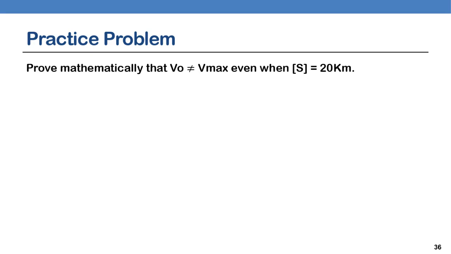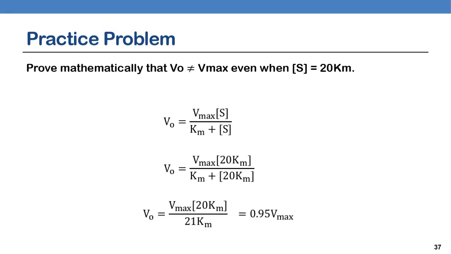Okay, yeah, so we got some students, V naught equals 20 over 21 Vmax. Yes, I think you guys are doing the right steps. We're going to have our Vmax over Km plus substrate, where our substrate concentration equals 25 Km.